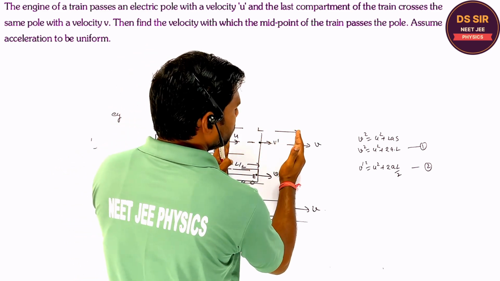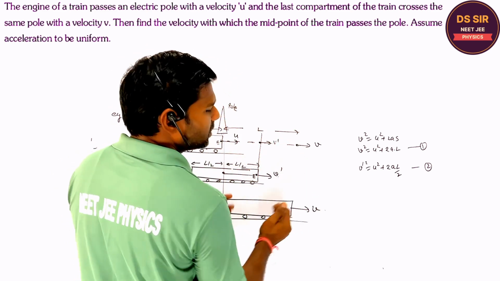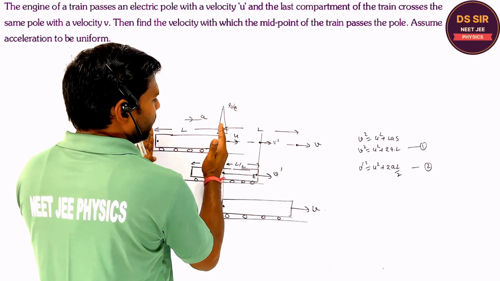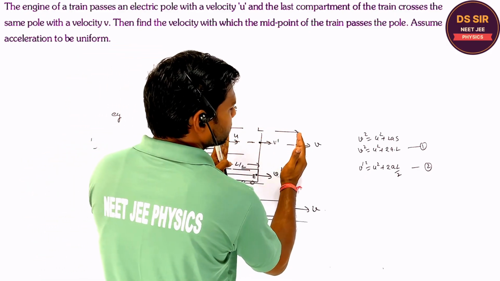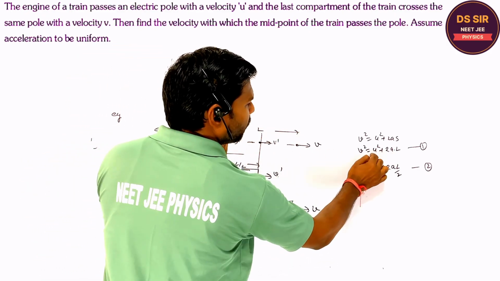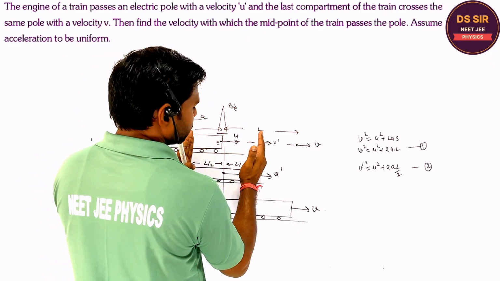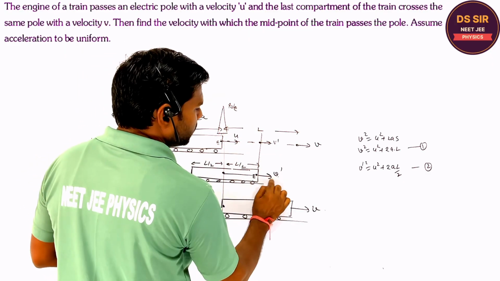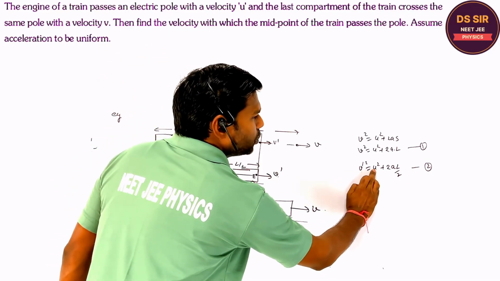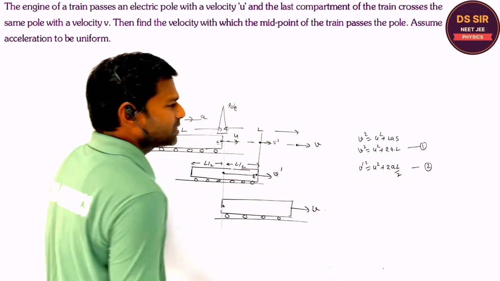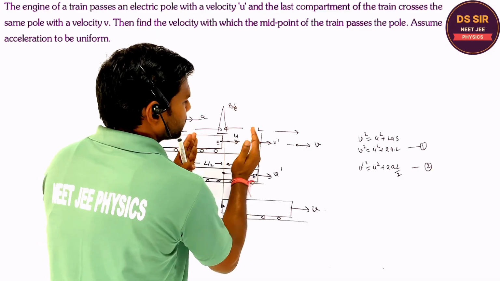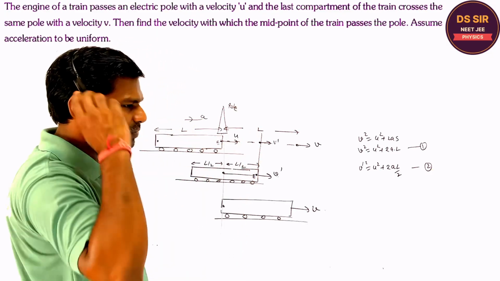When it covers this distance L, its velocity becomes v. When it covers only L by 2 distance, its velocity becomes v dash. What is the distance covered? Say L by 2. Fine.